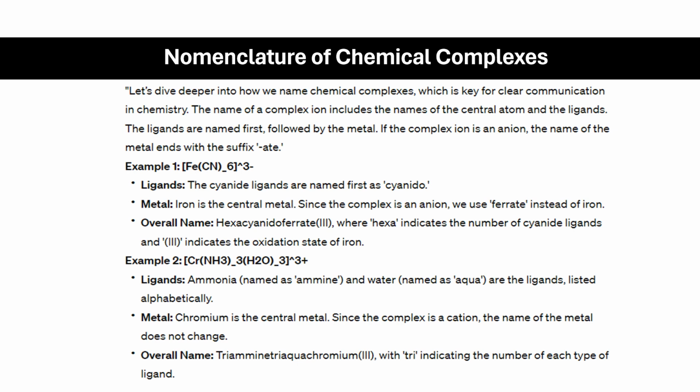Then name the metal. Iron is the central metal here. Since it's an anion, with a negative 3 charge, it would be named as ferrate instead of iron. The overall name here is hexacyanidoferrate(III), where hexa indicates the number of cyanide ligands and 3 indicates the oxidation state of this particular iron.